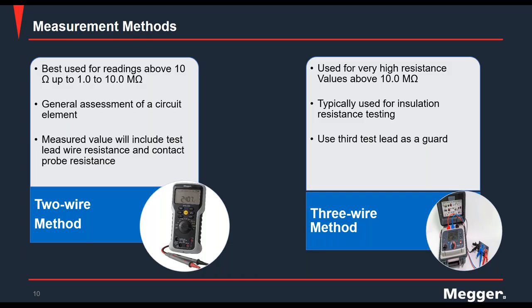In different types of electrical apparatus, you could have situations of surface contamination, and that contamination can be guarded, or excluded from your resistance measurement. But the case in point is that this three-wire method is used for larger resistance values.